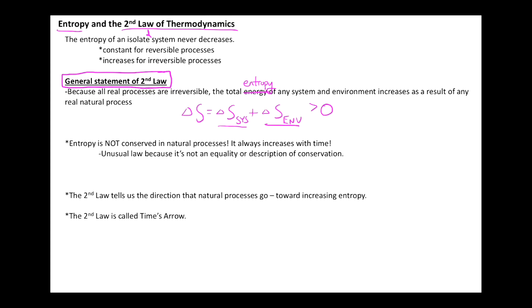Okay? It turns out that when I look at all of the physics laws that we study, typically we have conservation principles. At this point, we've dealt with conservation of energy and conservation of momentum last semester. We are going to look at conservation of electric charge a little bit later on. Typically, we talk about things that stay the same. If it increases somewhere, it has to go down in another place.